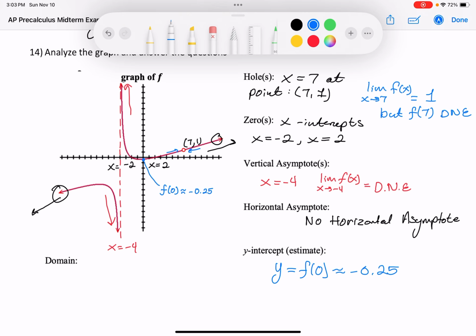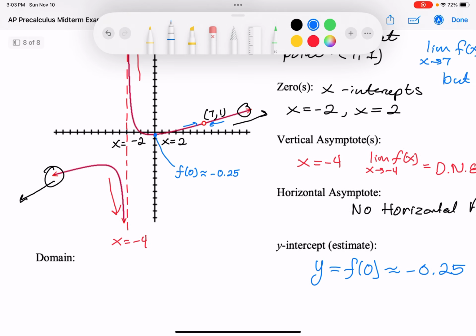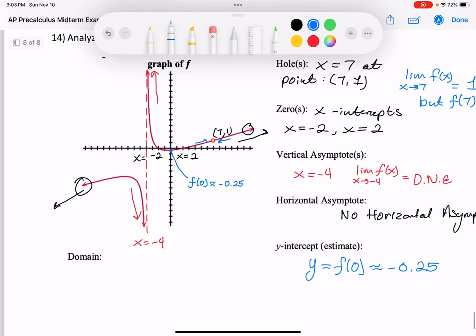And last but not least, we want to write our domain. The domain is the set of all possible x values for the function. If you notice, we have two values that bring us restrictions. We have a hole at x equals 7, and we have a vertical asymptote at x equals -4.